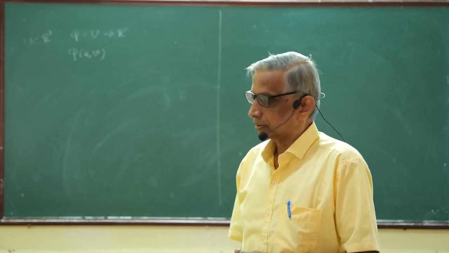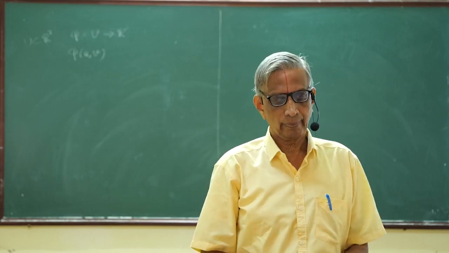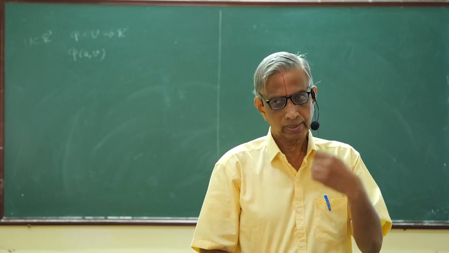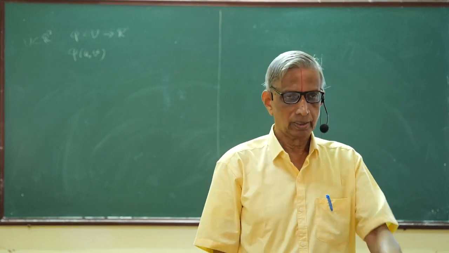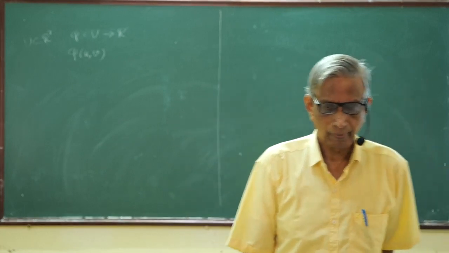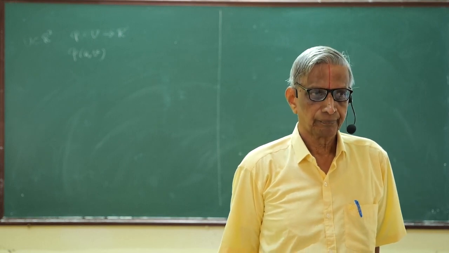So whatever point on the surface that we are interested in, you take a patch around that point and calculate the curvature from this map phi, the coordinate map phi.